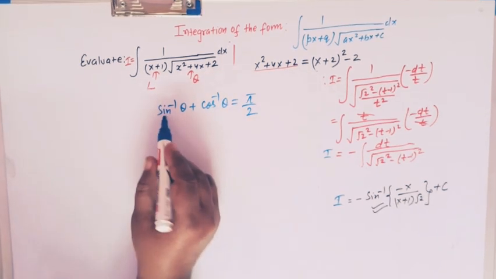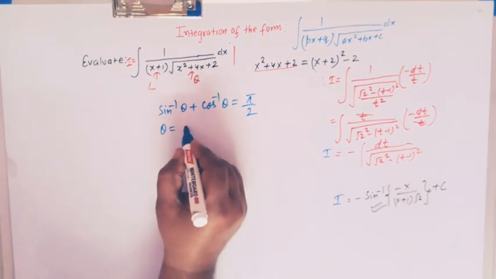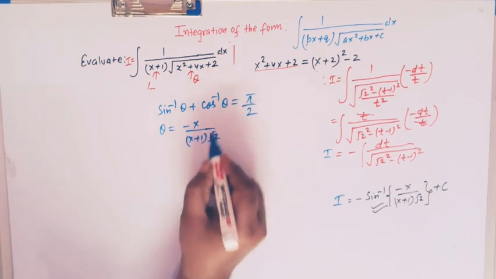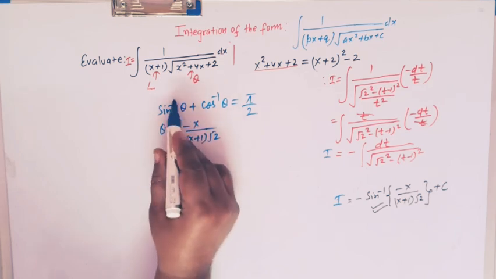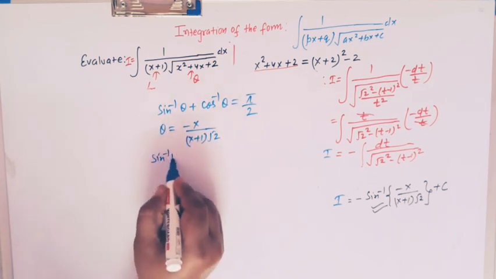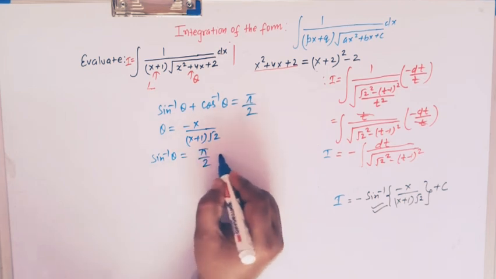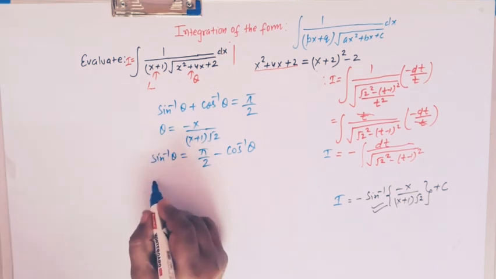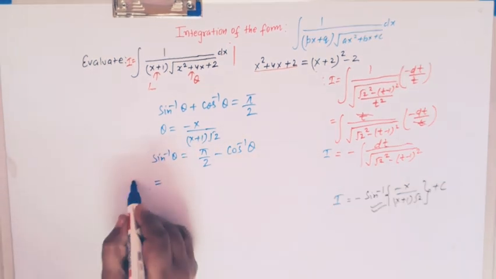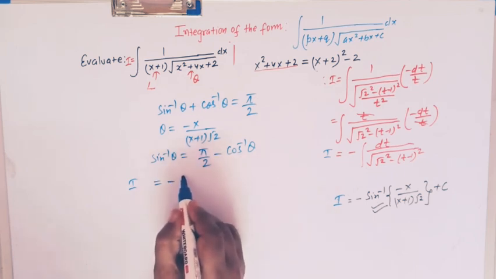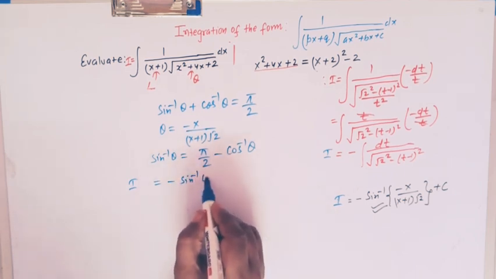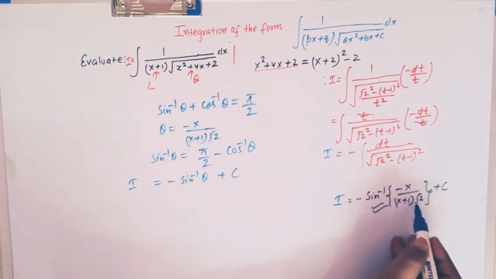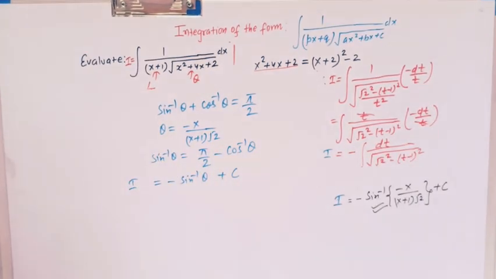So here if we take theta is equal to minus x over x plus 1 times root 2, then sine inverse theta can be written as pi over 2 minus cos inverse theta, right? So now here we have I is equal to minus sine inverse theta plus c, because we have assumed minus x over x plus 1 times square root of 2 as theta, right?